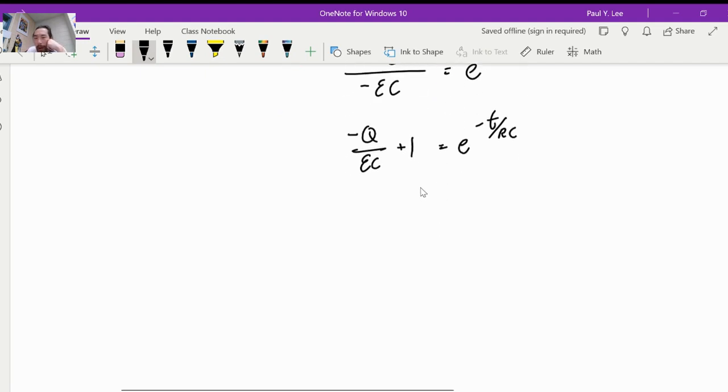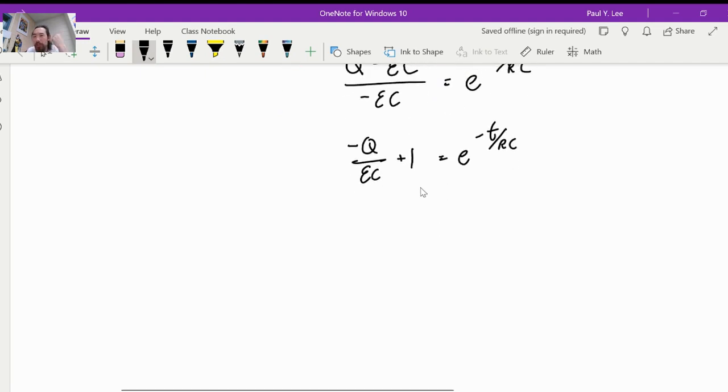Now I want to have this as a function of Q, because current is in terms of charge. So we get negative Q over epsilon C equals negative 1 plus this.